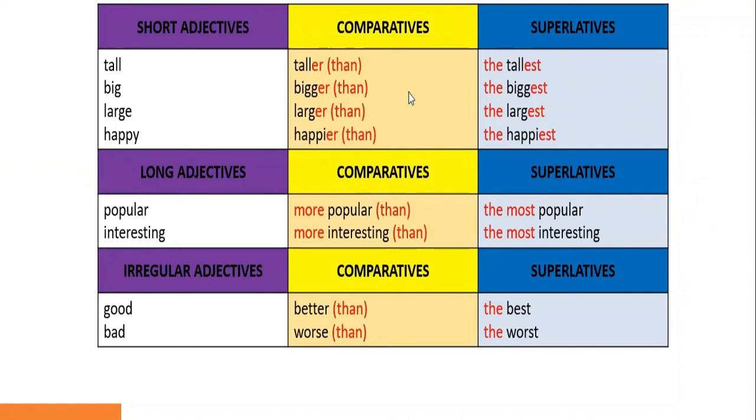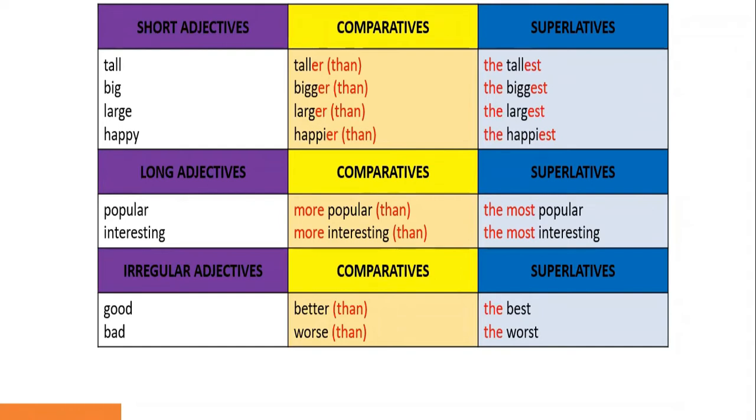The elephant is the biggest animal at the zoo. Yes, so I'm comparing one elephant to the other animals at the zoo, okay? I'm comparing one animal with one group of animals.